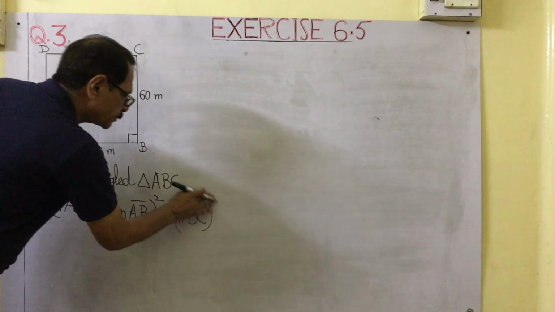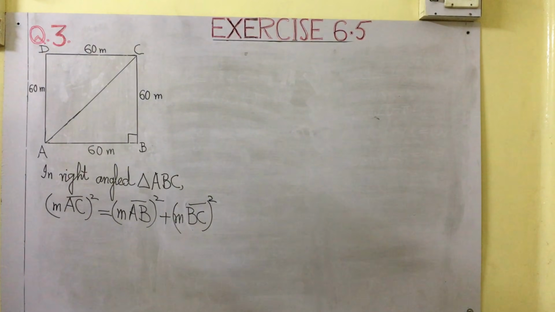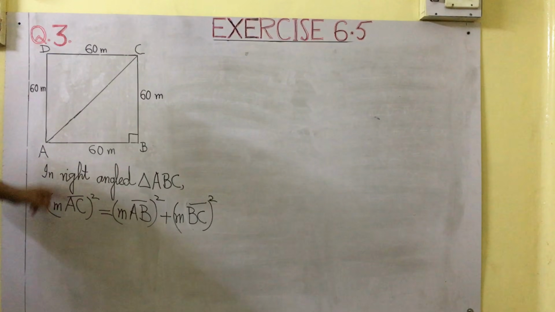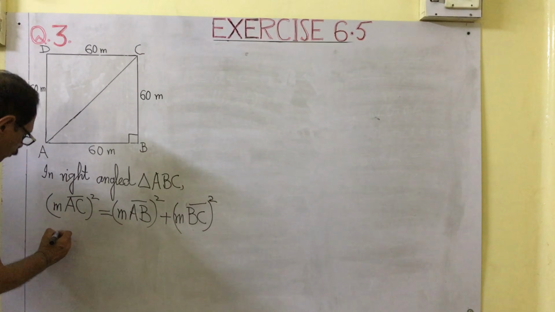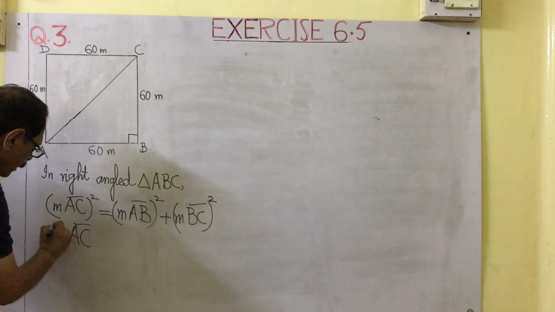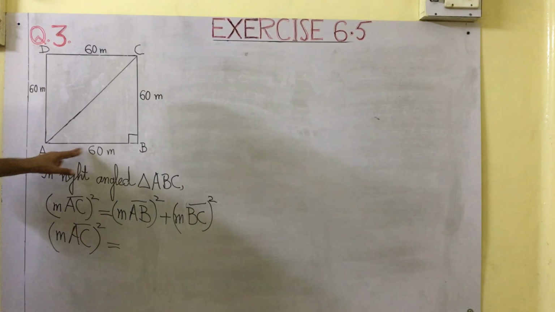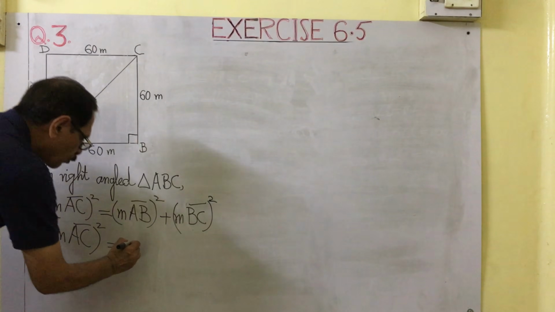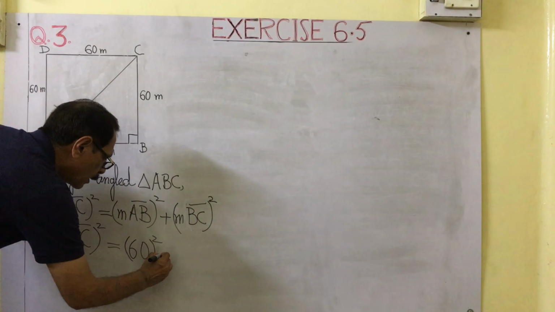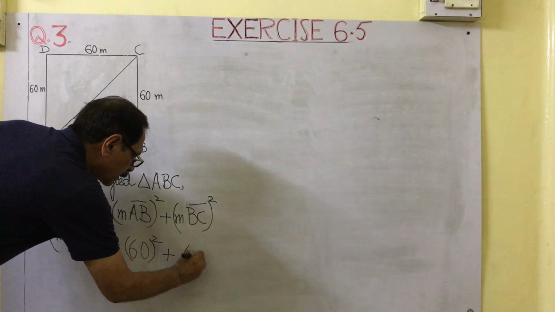Now, putting the values, AC square is equal to 60 square, again 60 square.